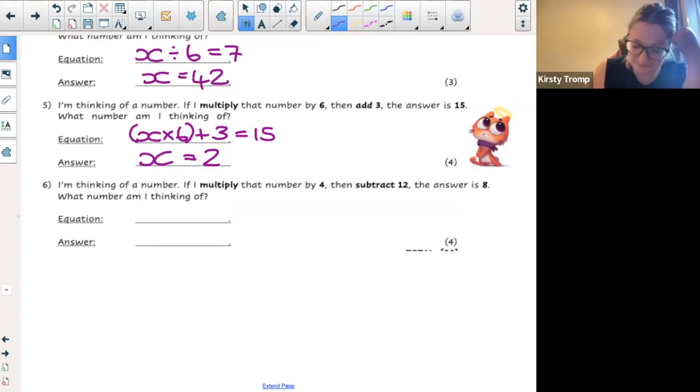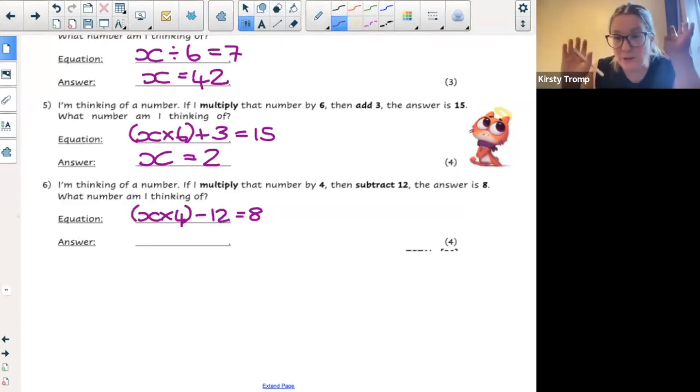Ma'am, I said x times 4 minus 12, which equals 8. Well done. Do you agree if I want to be really good, I'm going to put brackets around here, hey? Yes, ma'am, because I must do that first. Good. Okay, can I take this to my other page so we can solve it? Yes, ma'am.